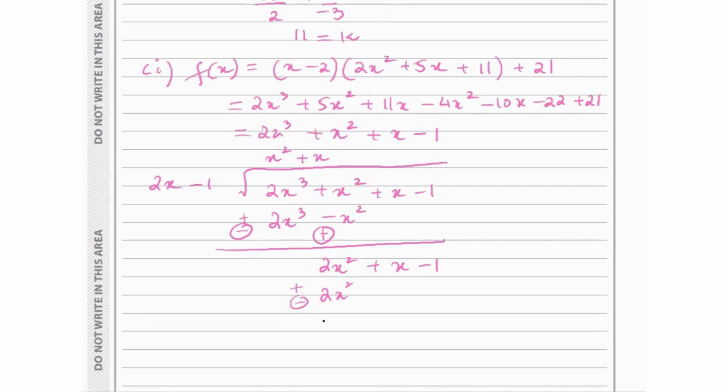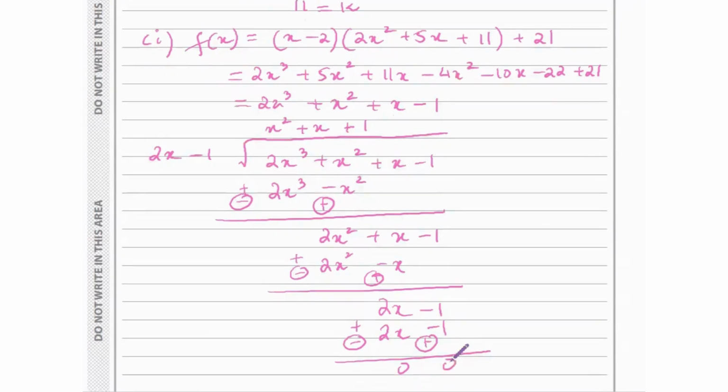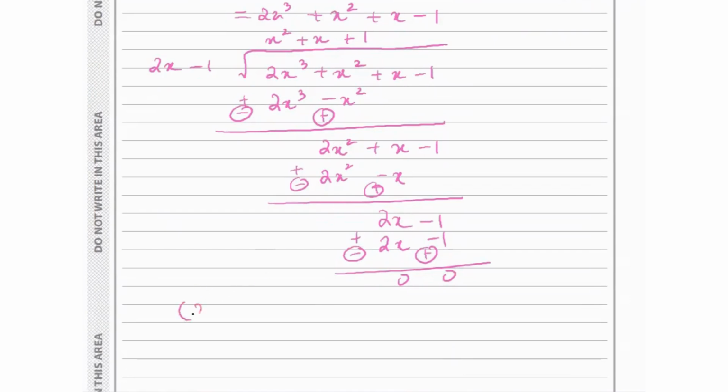Change the sign. x times negative 1 is negative x. Change the sign. That's 2x minus 1 times plus 1. So that's going to be 2x. It's positive, make it negative. That's 0. Negative, you make it positive. That's 0. So it's 2x minus 1 times x squared plus x plus 1. That is your fully factorized form.